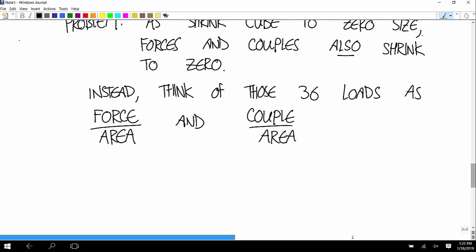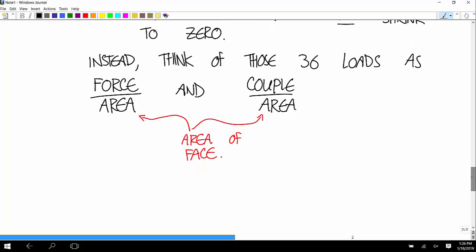When I say area, I'm talking about the area of each individual face. If you do that, now you're dividing by this thing that's going to zero. You get one of those things they talk about in calculus. What are those called? Indeterminate something, form, something like that.